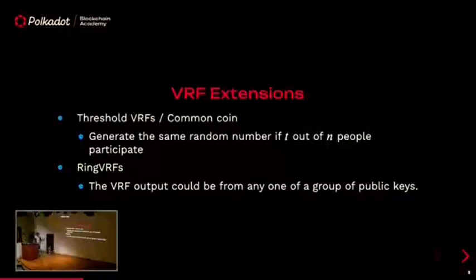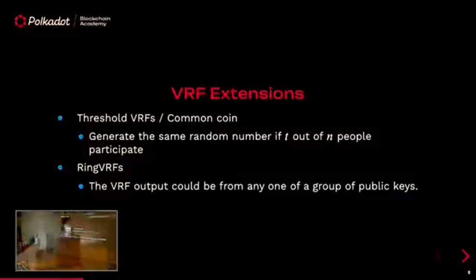One thing that is still important with these ring VRFs is you can still trust them in the same way. A participant in a ring VRF can still only output one random number. The mechanism behind how it works is out of scope, but it still works in the same manner where you can trust that the randomness was fixed for that individual.